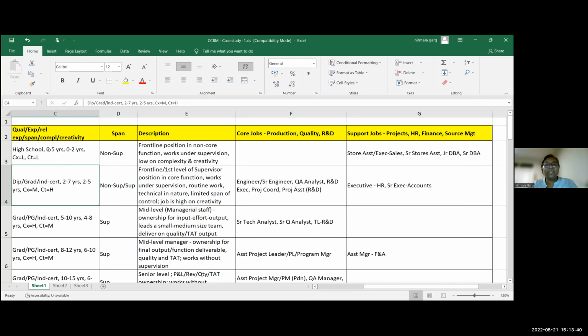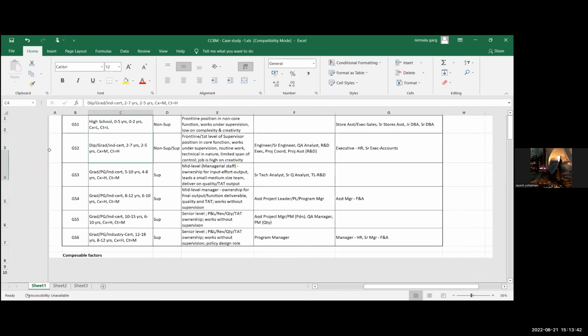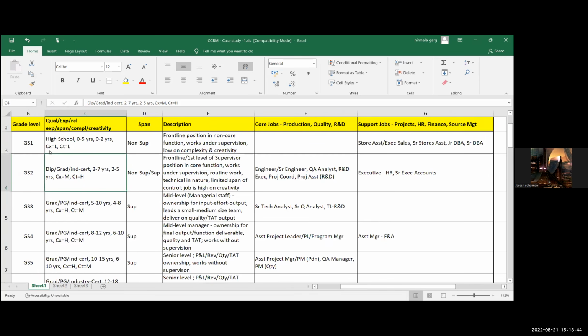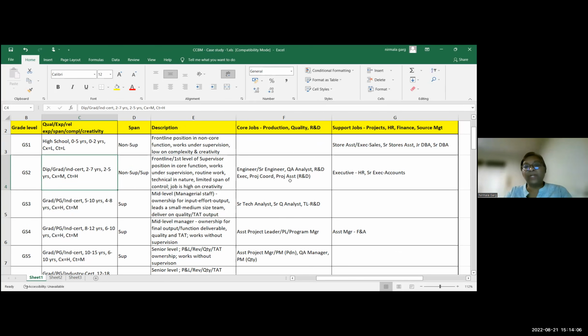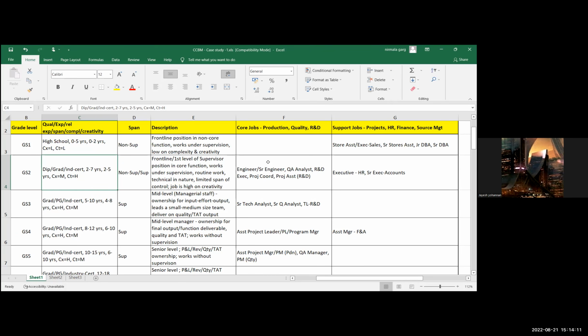For example, the compensable factors here are experience, complexity, creativity, and these are the descriptors, and here of course there are 5 grades. So you need to write descriptors and thereafter read the job description and classify 10 positions into the respective grades. You need to do it in an Excel form so that it's very clear.